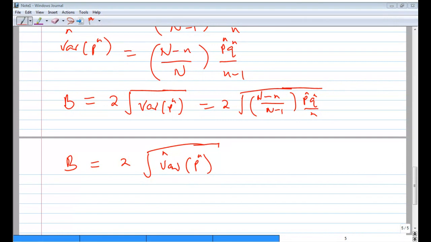Let me repeat. The first one is the bound on the error of estimation for the population proportion.